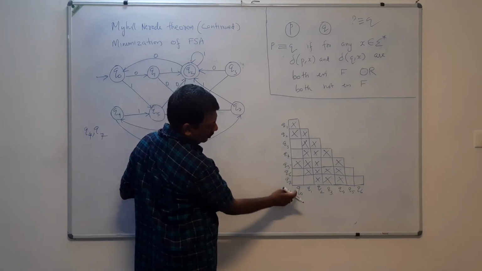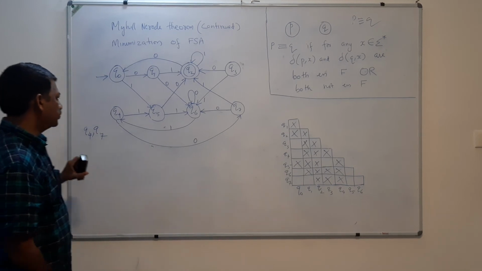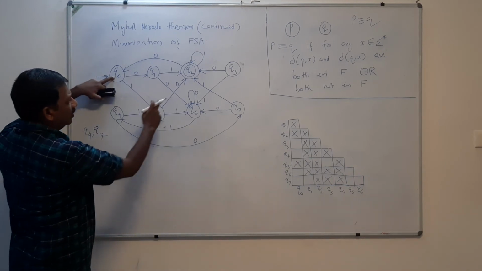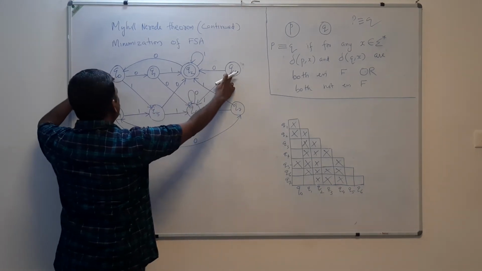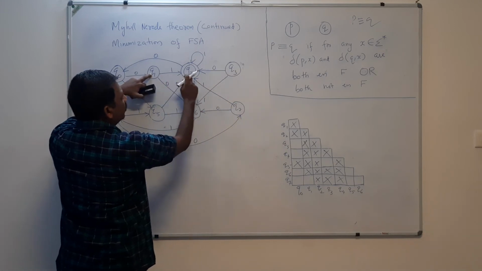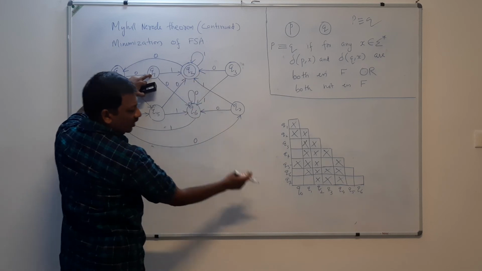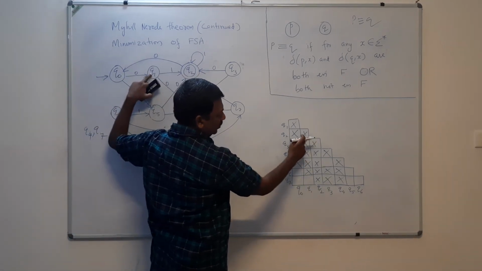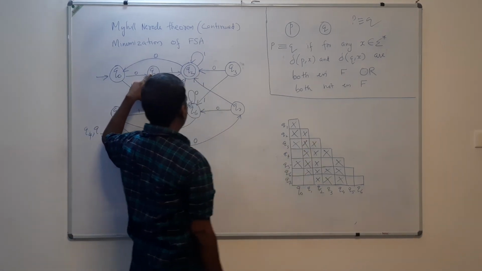What about Q0 and Q3? Q0 on 0 is Q1 and Q3 on 0 is Q2. Q1 and Q2 is distinguishable. So this is also distinguishable.